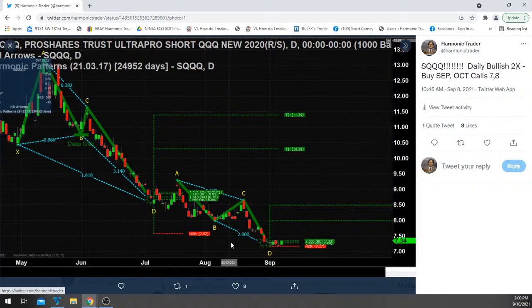This is the SQQ, the Ultra Pro short against the QQQ, and at a minimum we're in the zone of a bullish crab pattern on the daily with another ABCD at the hop levels. Everything is at 735. So just be aware of that.